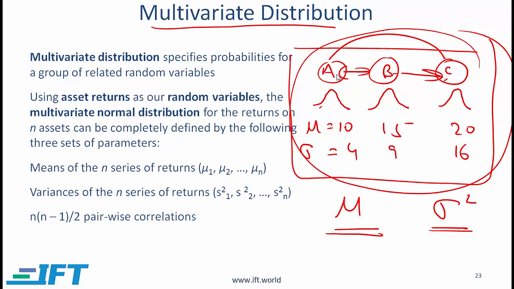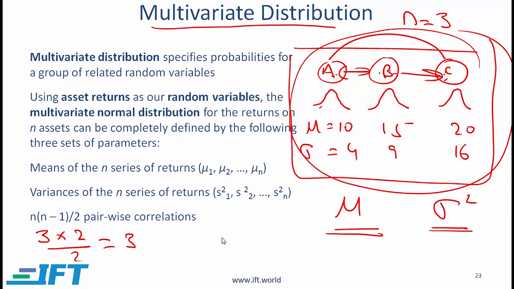Notice that with three items in here, we need to have three pairwise correlations. In my simple example, n is 3. So if you look at this expression over here, we have 3 into 3 minus 1, which is 2, divided by 2, which is 3. So if you have three variables, then you need to have three pairwise correlations.